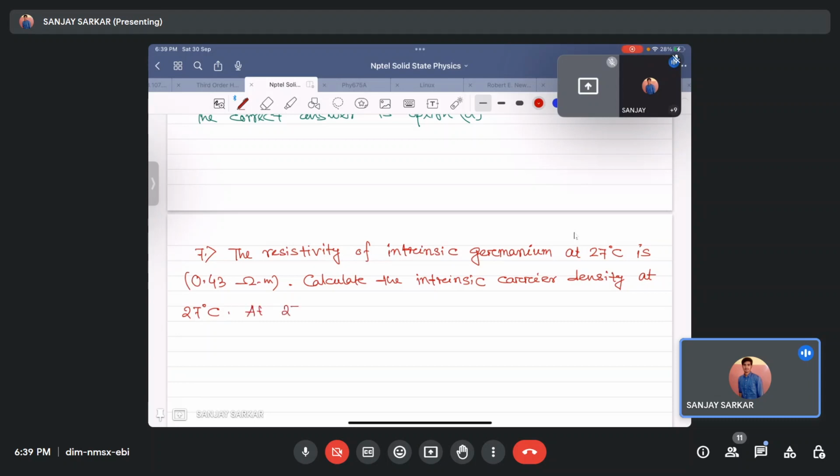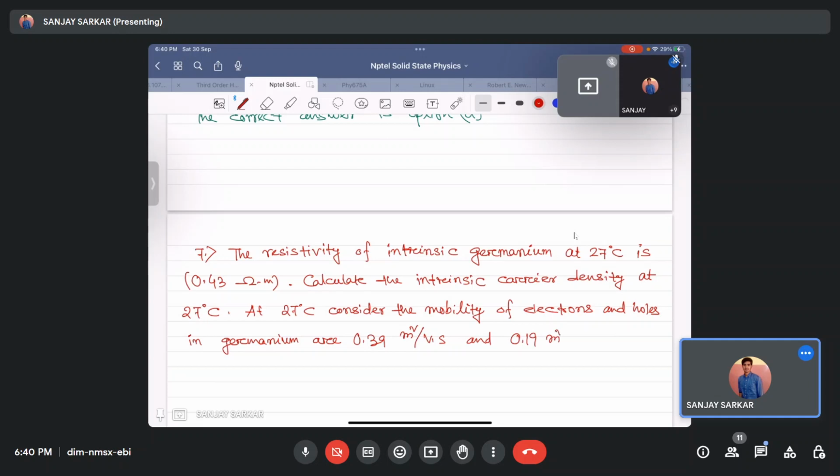And at 27 degrees centigrade, consider the mobility of electrons and holes in germanium are 0.39 meter square per volt second and 0.19 meter square per volt second respectively.